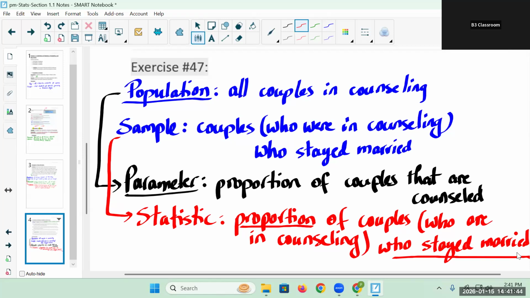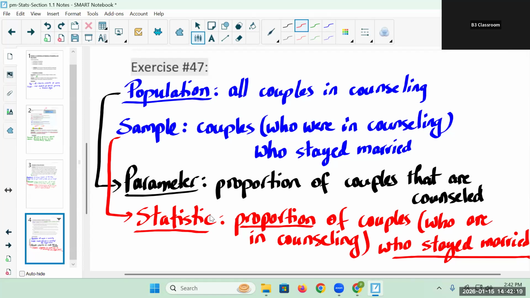So whenever they're asking for the statistic, in this question specifically, is it literally just population, sample, but we're adding the proportion to answer it? So it wasn't very specific, but the proportion of a population will be 100%. So that's not very interesting. But the statistic is what proportion of the population actually stay married. So if we had some specific numbers, it would make more sense.